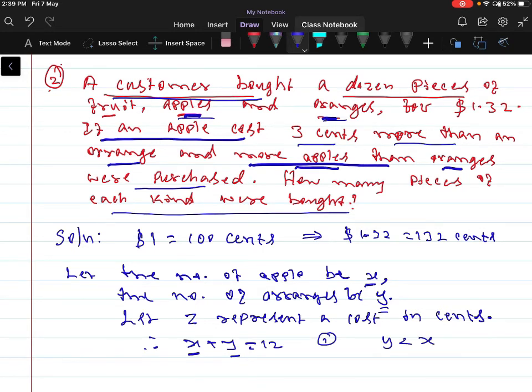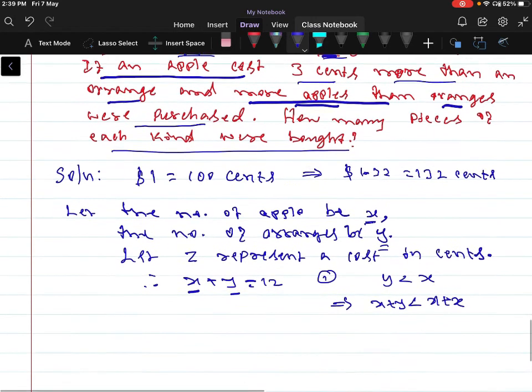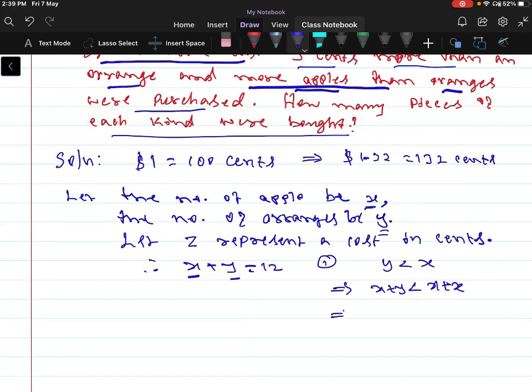So x is the number of apples and y is the number of oranges, but the customer purchased more apples than oranges. So this implies we can write x plus y less than x plus x, just added x on both sides. So this implies x plus y less than 2x, but x plus y is equal to 12 here. So this implies 12 less than 2x. So this implies 6 less than x.